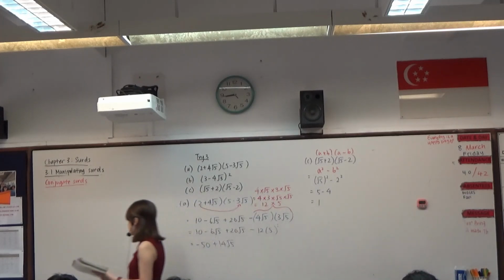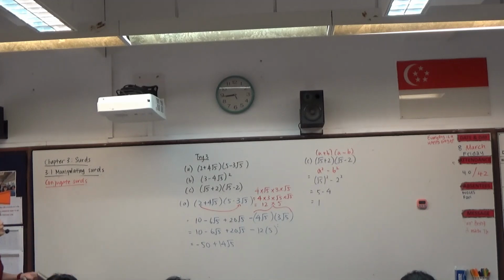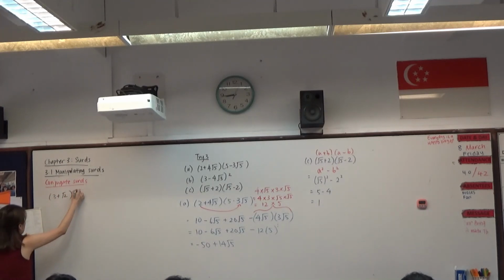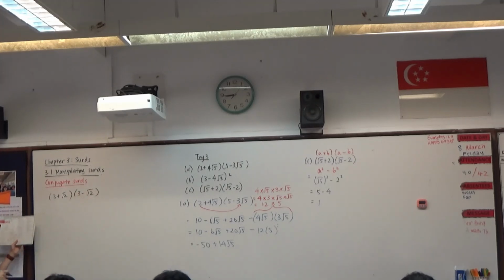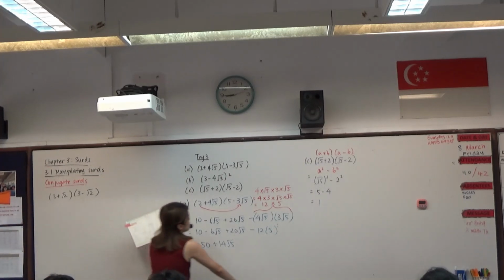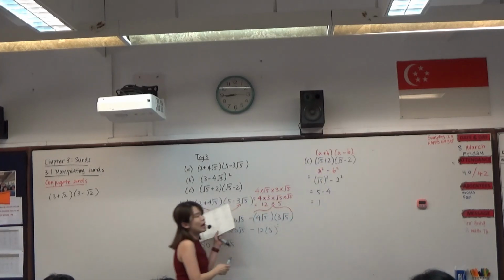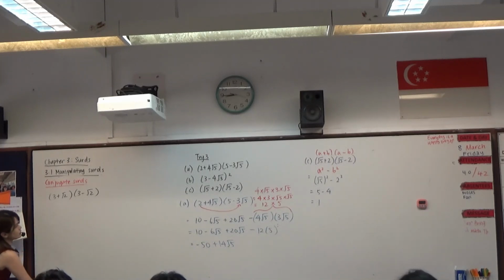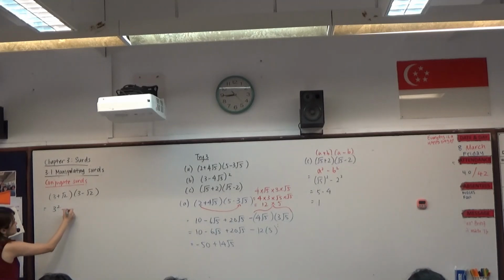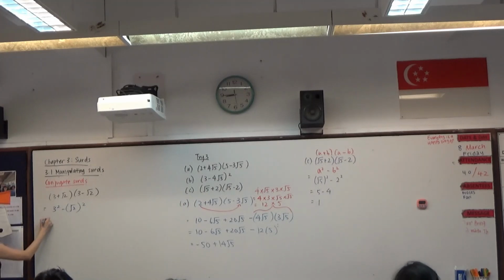This idea of conjugate surds is very important because later on we are going to be looking at rationalizing of a surd fraction, and it relies upon how we understand some expansions. Okay, if I were to look at 3 plus root 2 times 3 minus root 2, what we understand over here is that I can use my a plus b times a minus b to give us a squared minus b squared. And that would tell us that it is 3 squared minus away root 2 squared. Okay, and that will be 9 minus 4. Okay, and then I will get 5.